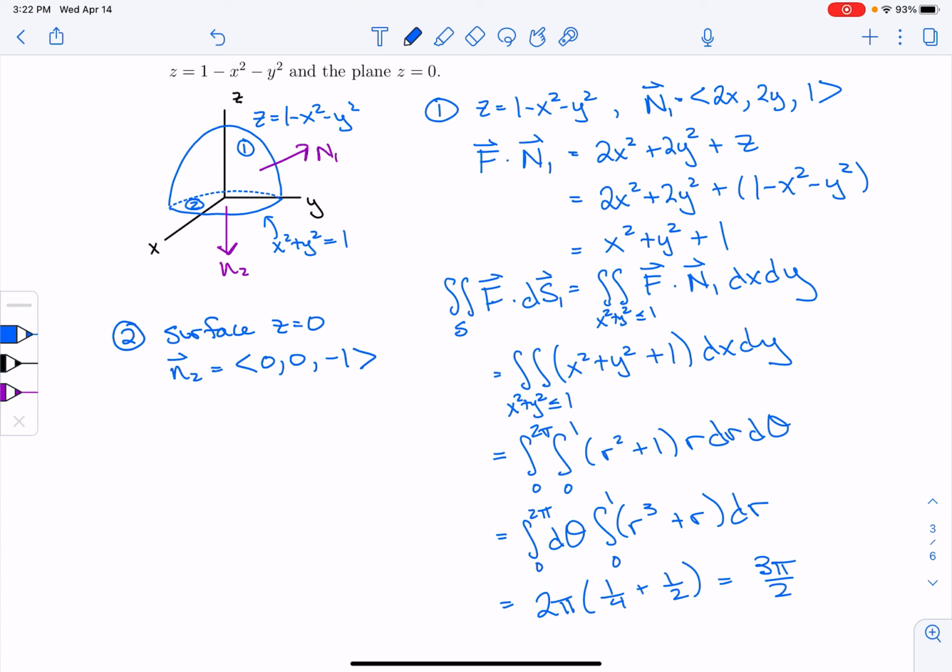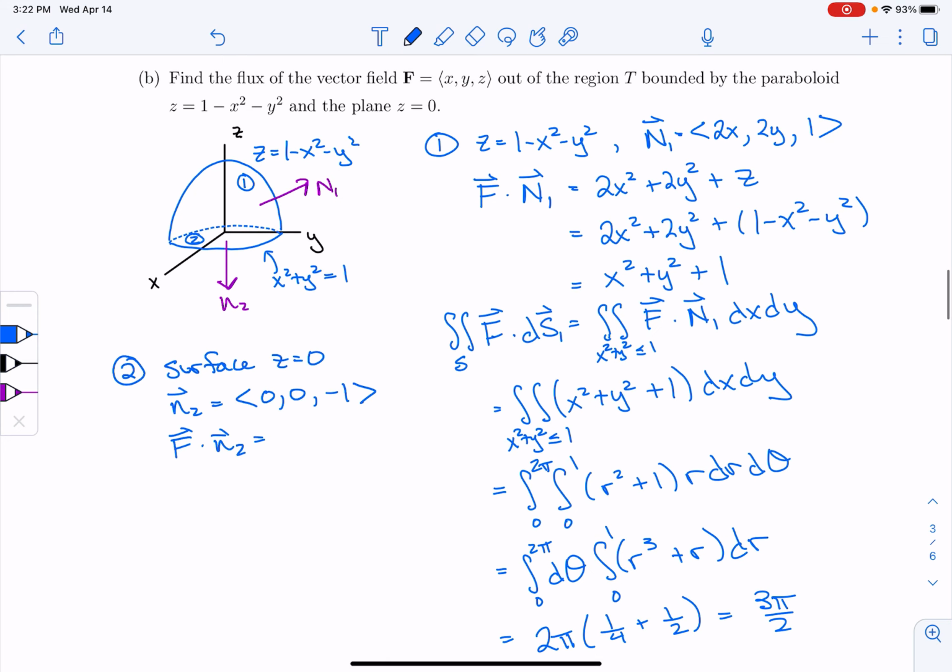And then when I compute f dot n2, well, what was my vector field f? It was x, y, z. When I dot that with 0, 0, negative 1, I'm going to get negative z. But the surface that I'm finding the flux through is z equals 0.